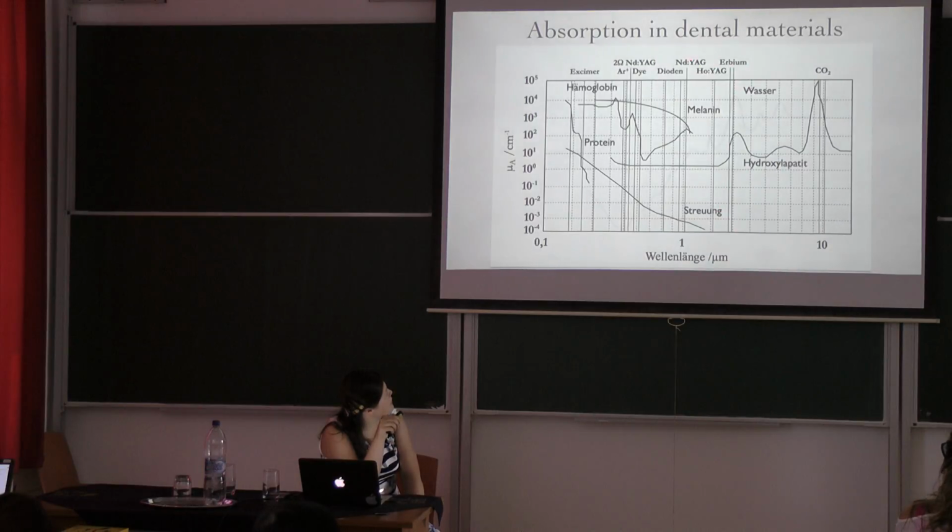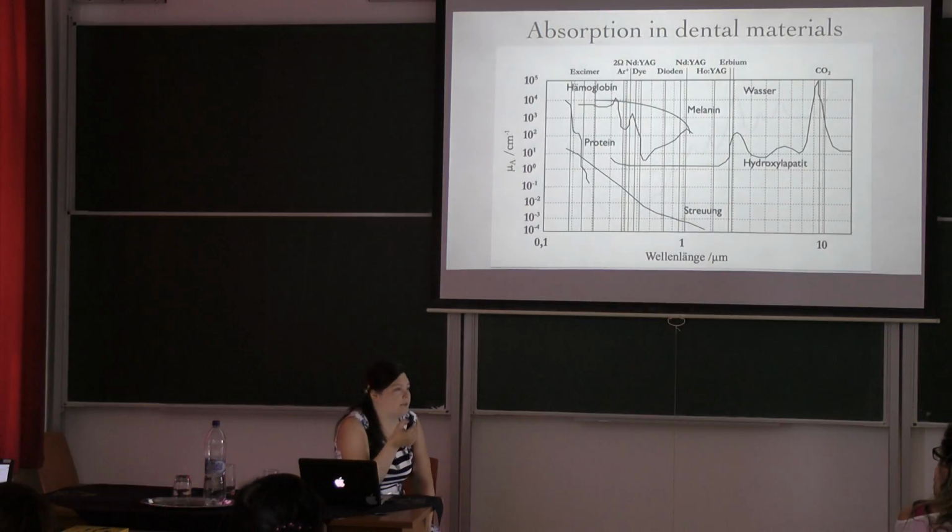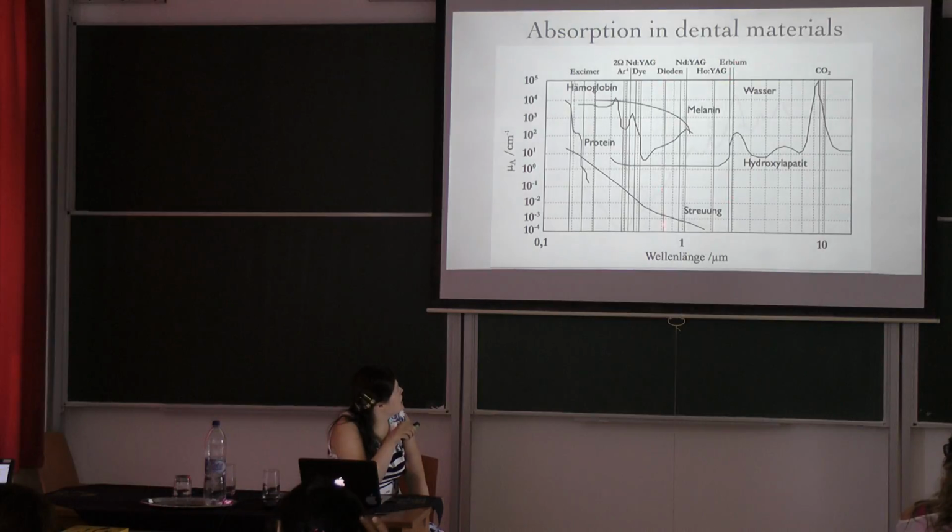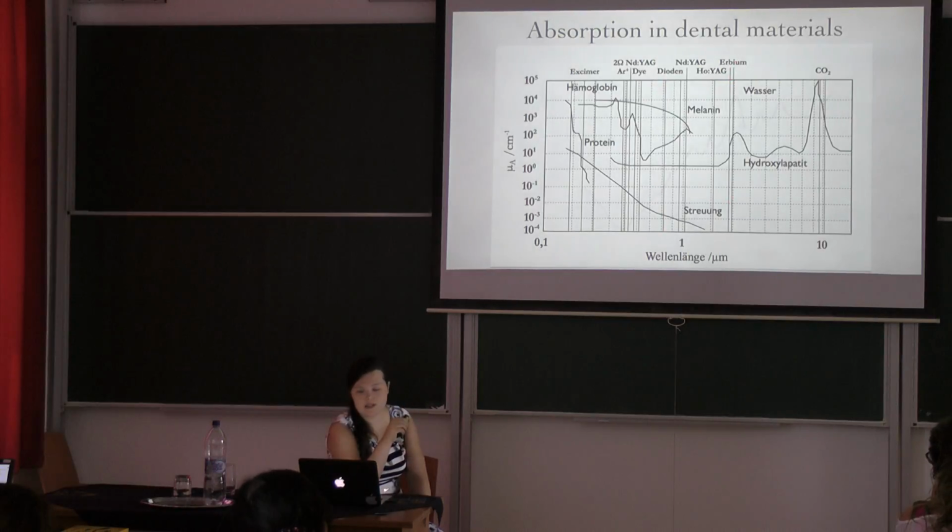And what has been mentioned before is that the Nd:YAG is very similar to the diode lasers, but it's more often used together with erbium YAG. Actually, it's in one machine. The other erbium is erbium chromium YSGG. It is not in one machine with the diodes, but it has to be used in combination always.